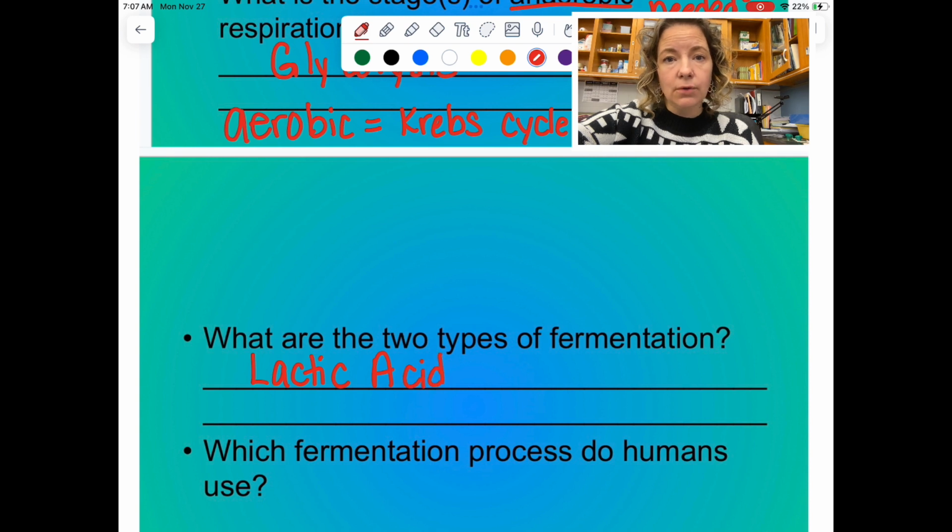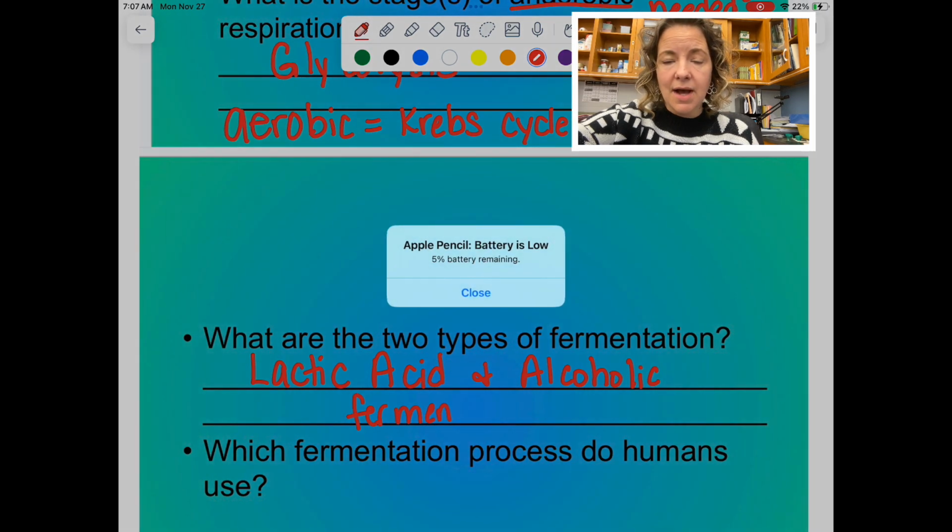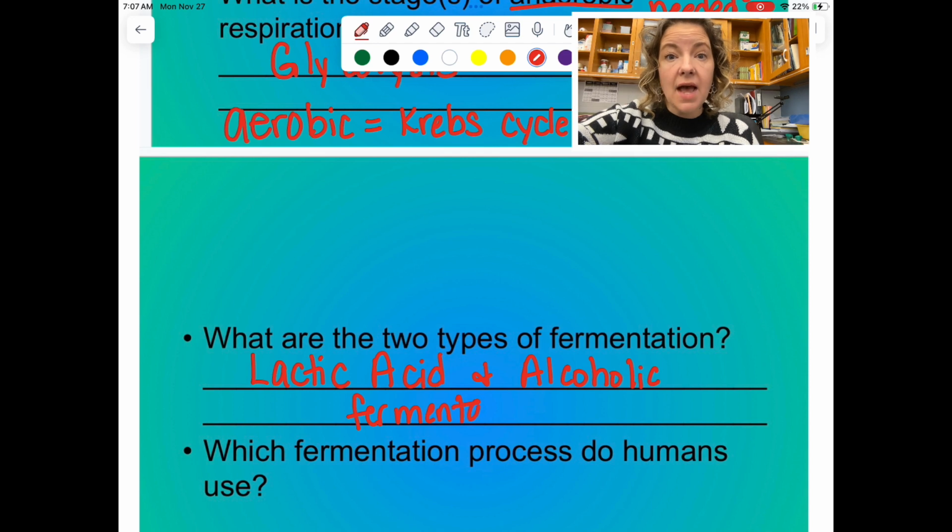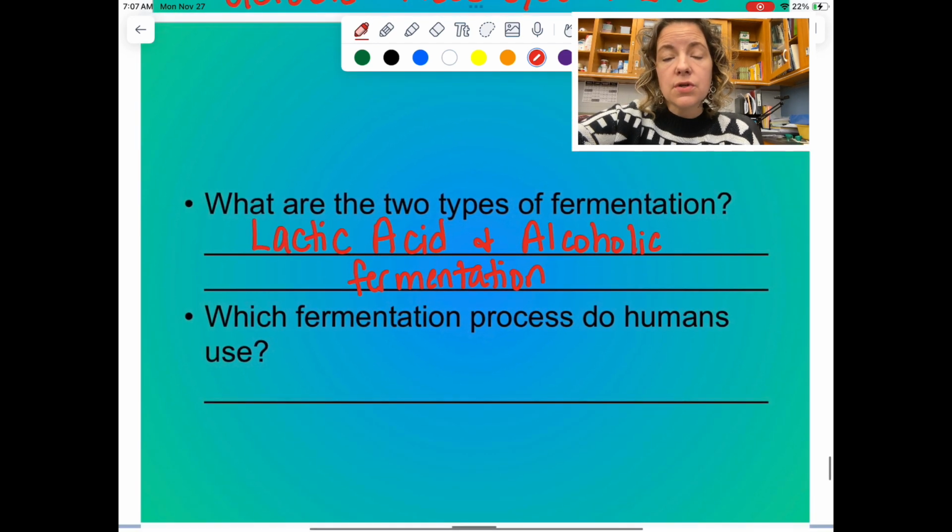Remember, this is anaerobic, no oxygen. Alcoholic fermentation is usually done by things like yeast and bacteria when oxygen is not present, and that produces alcohol. That's why it's called alcoholic fermentation. So those are the two types of anaerobic, no oxygen processes that are going to occur within cells.